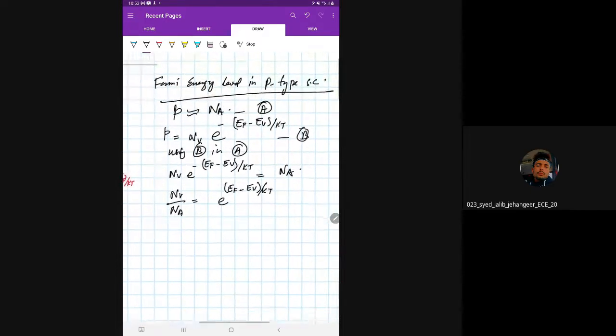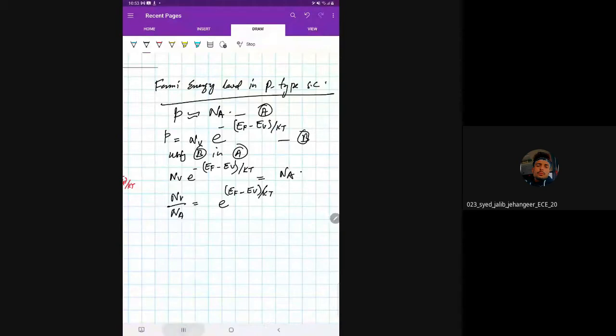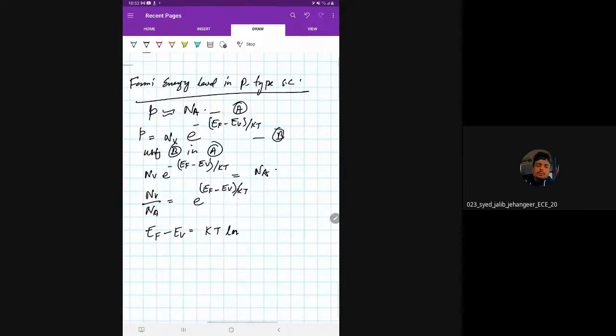And rearranging them further, we have EF minus EV equal to kT ln of Nv by Na.